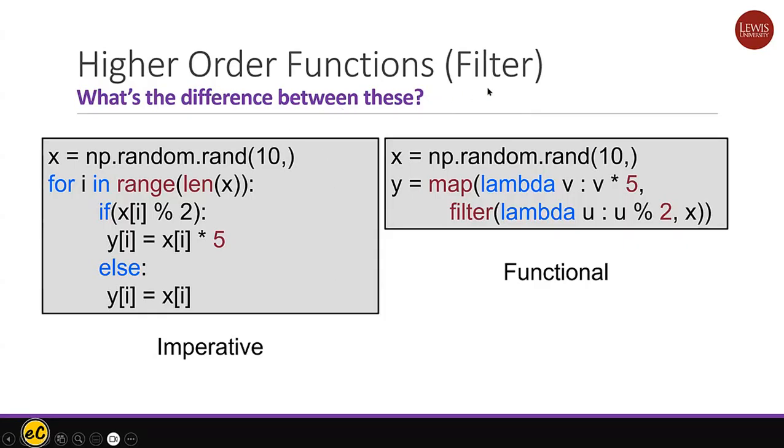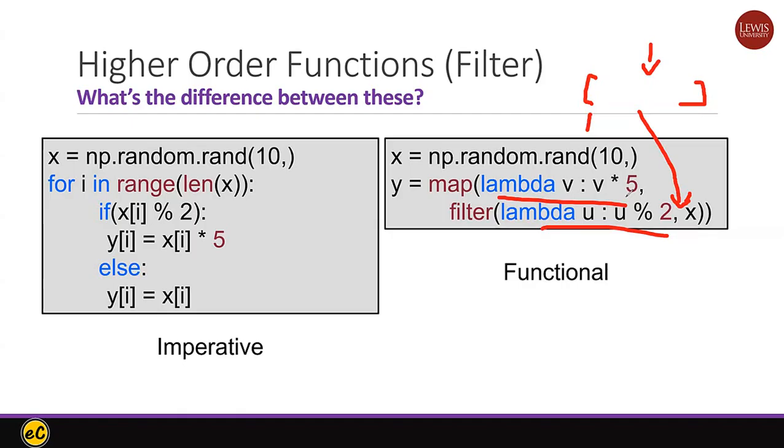This is another higher order function called filter. You have a function, and that function will create a Boolean value. And you use this one to evaluate the function. So basically, the x is a list, is an array, and you apply the lambda function to filter the list, and then the remaining list will be applied with a function.